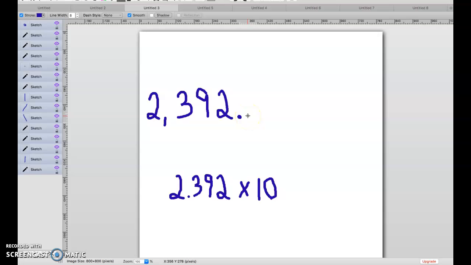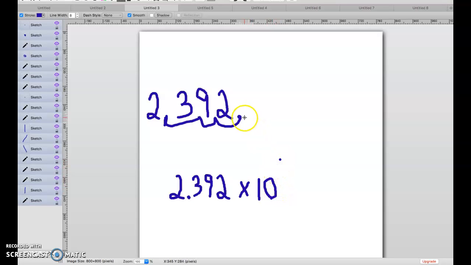When we change a number into scientific notation, first we've got to make that number be between 1 and 10. Let's move the decimal place 1, 2, 3 times. Now I have 2 point something, which is between 1 and 10, so I'm done. So I'm going to have 2.392 times 10 to the.